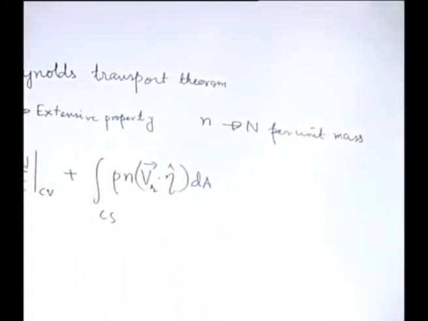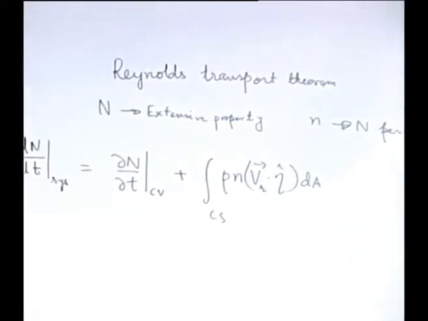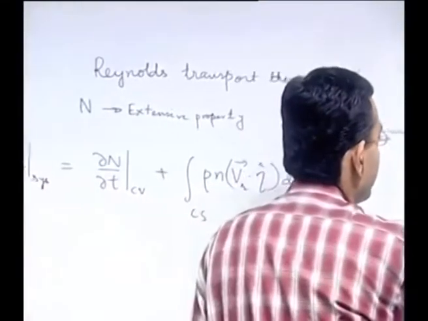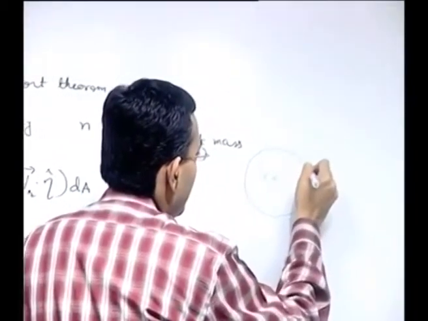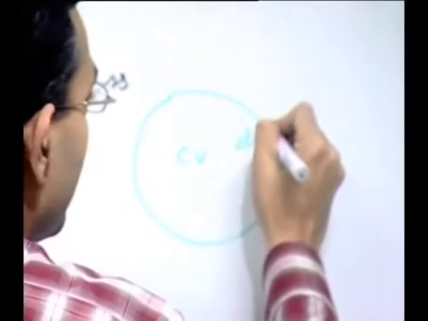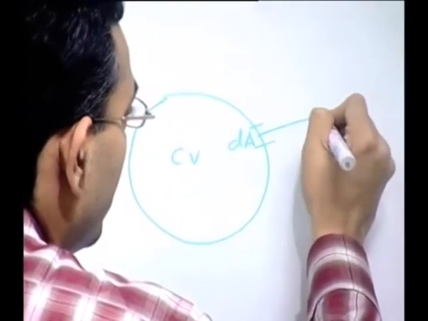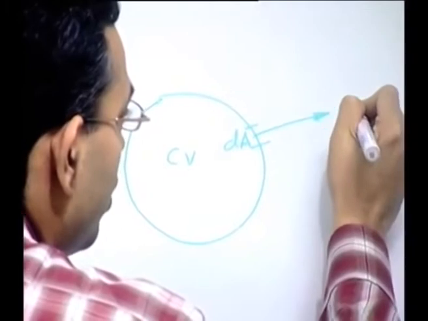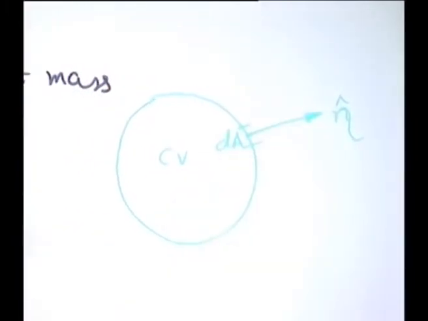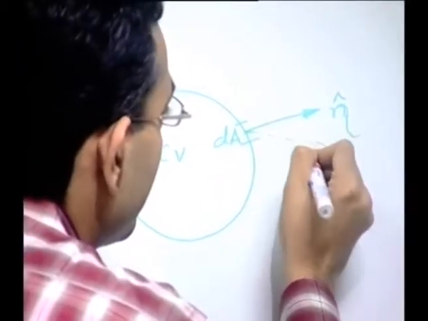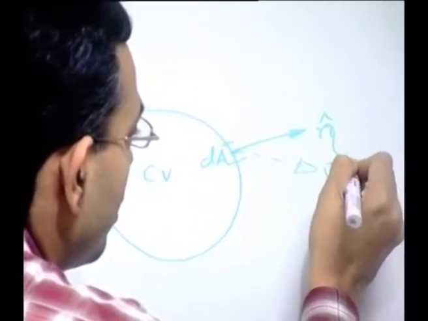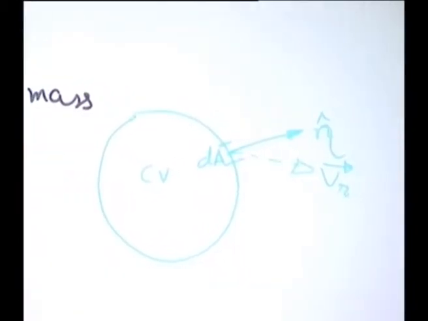So, let us just recapitulate carefully what the meanings of the different terms are. If we have a control volume like this and if you take a small elementary surface dA on that, then the unit vector in the outward normal direction to the surface is eta, and Vr is the velocity of the fluid relative to the control volume across that area.